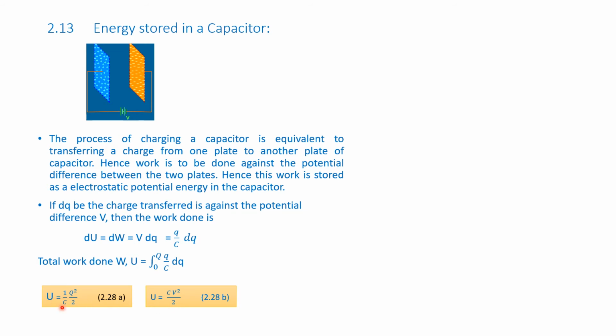Here we retain U as equal to and substitute the value of Q is equal to CV. So Q square becomes C square V square, and in the denominator we have C. That C gets cancelled with one C of the numerator. Hence, the value of energy stored in capacitor can also be written in another form, U is equal to CV square by 2. Let this be equation 2.28b.